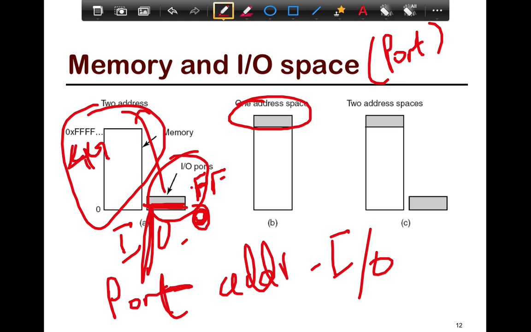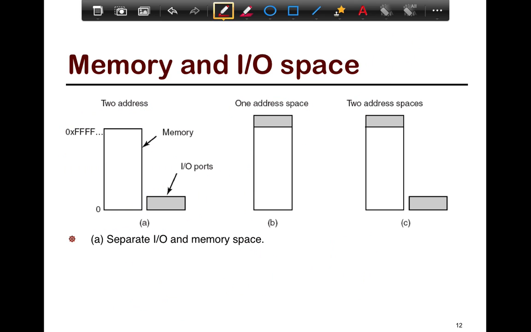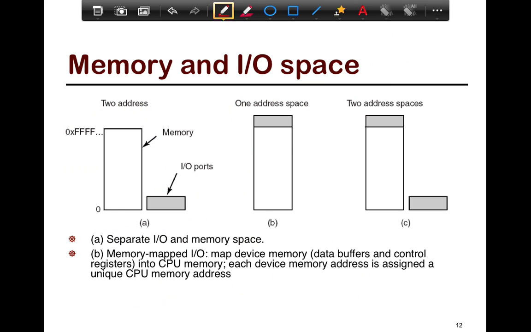This is what systems like Windows do, where based on which address range you're referring to, for example, between 3 and 4 gigabytes, these are all I/O devices. The system cannot use these for memory. So anytime there's an address access in this range, the system automatically knows that it needs to go to an I/O device. Okay. So in the first case, you have separate I/O and memory spaces.